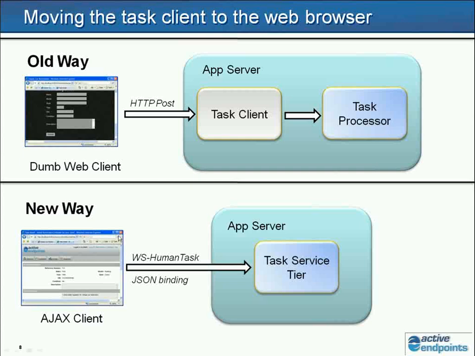And it can be the task client either using WSHT and a SOAP binding, sending SOAP over the wire, or we're also coming out with the ability, just for the sake of simplicity, to use a JSON binding, because when you're working in an AJAX world, it's more convenient to use JSON, which stands for JavaScript Object Notation.